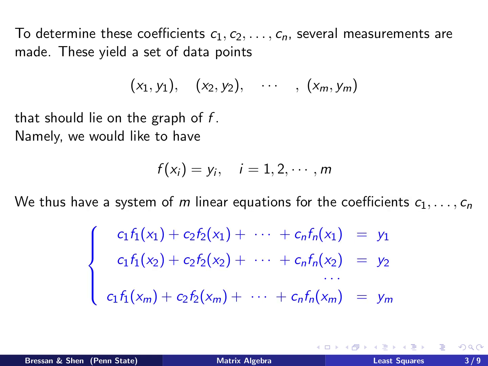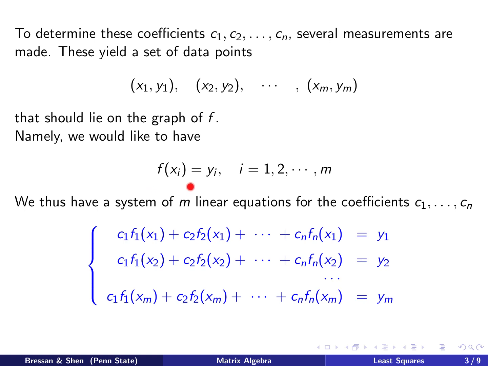What that means is that if you evaluate the function f at the point xi, you should get the value yi. And this should be true for all the points i from 1 all the way to m.